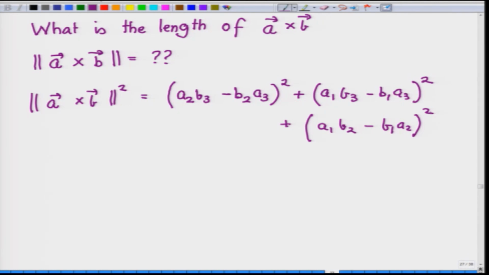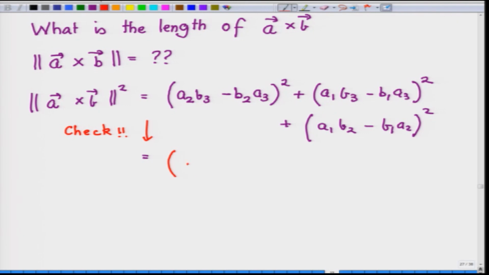This is the square of the length, and now I will write it in a slightly modified way. I will square these terms, rearrange them, and then I will get the following expression, which I am just writing down. I ask you to check it. From here to here, your job is to take a cup of tea, sit down and do the check.